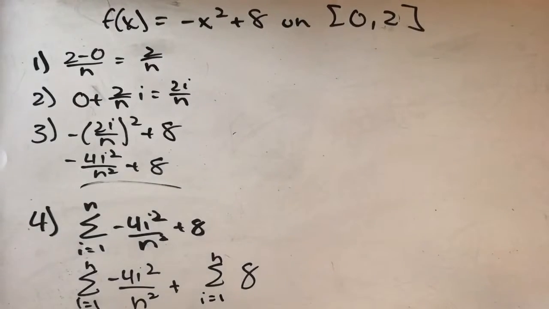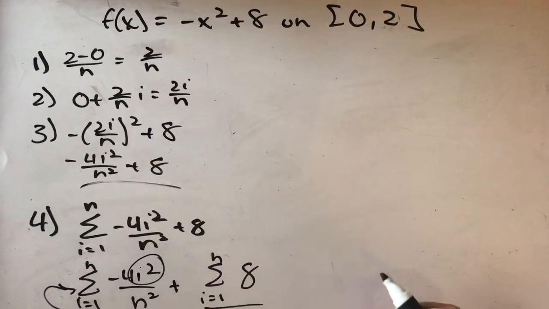So looking back at our summation formulas, we recognize the i squared right here, and we recognize that this is a constant, but we didn't get rid of this negative 4 over n squared. So what we can actually do with that is we can move it out front, and what that would look like is this.